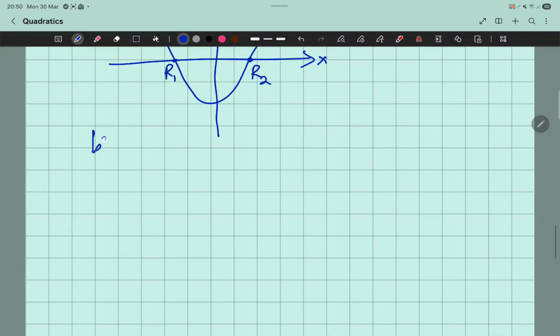Then if our b squared minus 4ac is smaller than 0, that means it's negative. When it is negative, there are no real roots.